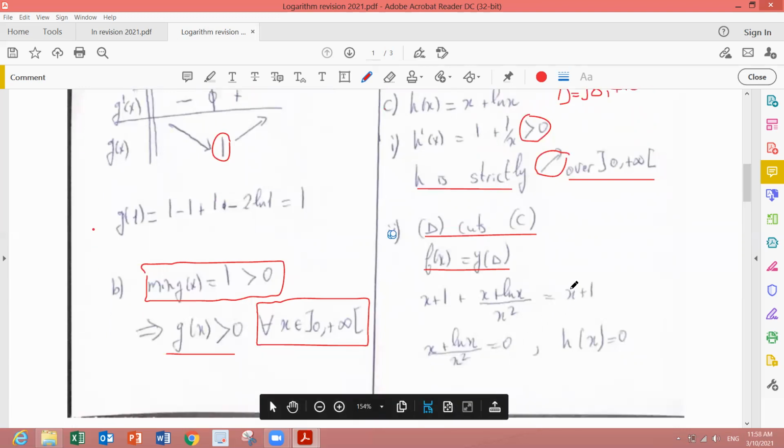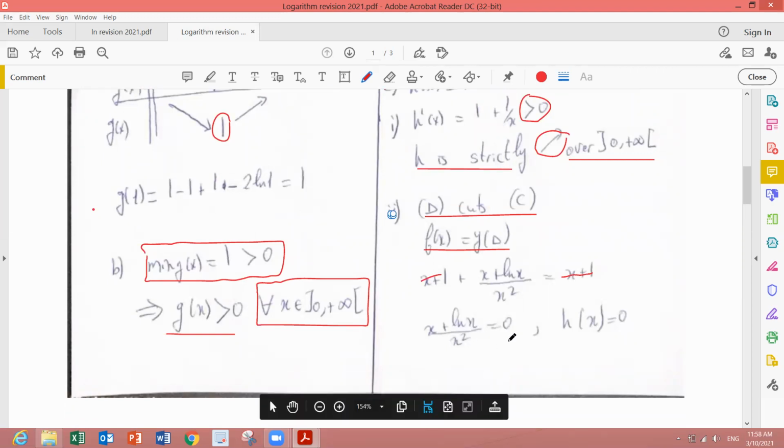Y delta is x plus 1. X plus 1 with x plus 1, we get (x plus ln x) over x squared equal to 0. It means that x plus ln x equal to 0, means h(x) equal to 0.